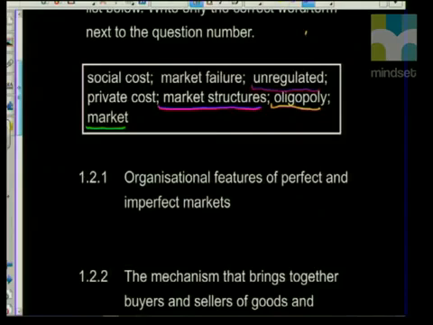And because it is attached to a company or to an individual, it will be private cost. When it affects people that are not directly involved in the process, then it would be known as social cost.